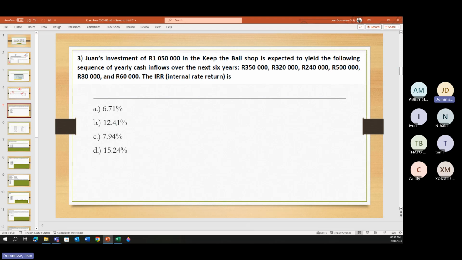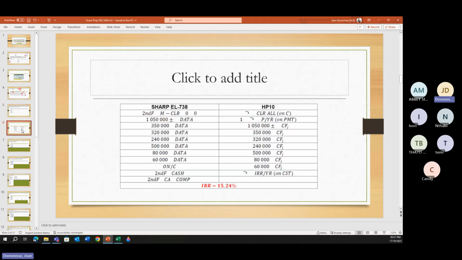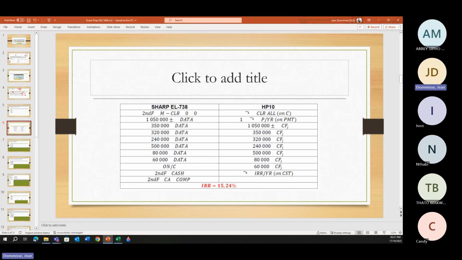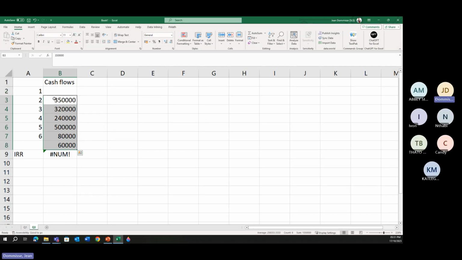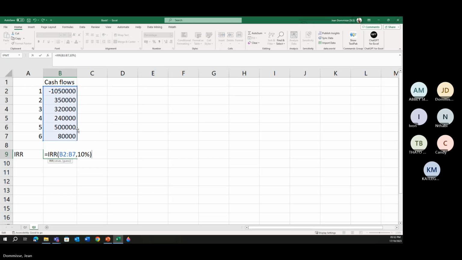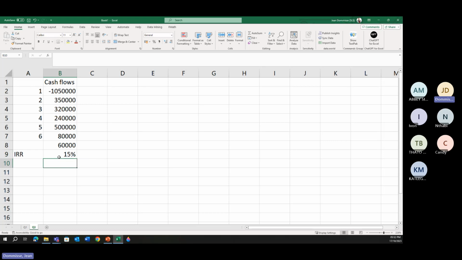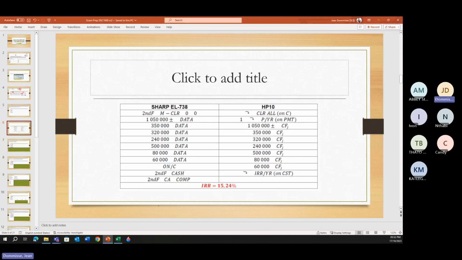But what we can also do, and that's why I have included this as well. So let me just put in here what we started, 1050123. Okay.